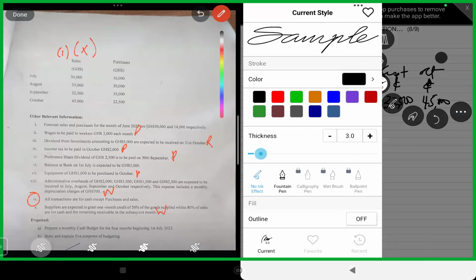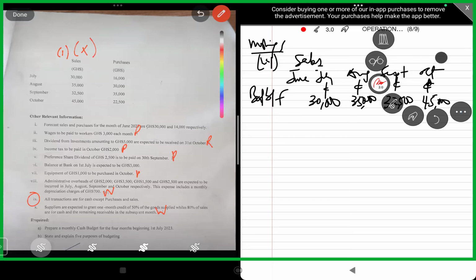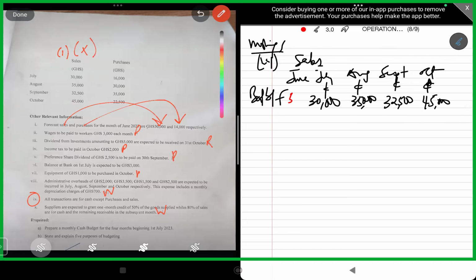Okay. So we say that forecast sales for June means this sales is 30,000 here and purchases is 14,000. Agreed? So the sales is 30,000 for June. Then July 30,000, August 35,000, September 32,500, October 45,000.